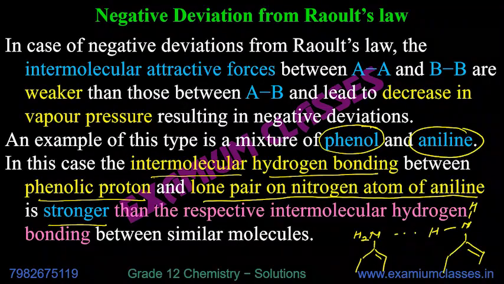And nitrogen, you know, is less electronegative than oxygen. Oxygen is more electronegative. So if we consider phenol, then in OH the oxygen is more electronegative and this hydrogen has a partial charge greater than what you have in aniline.